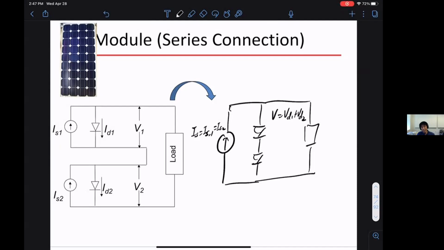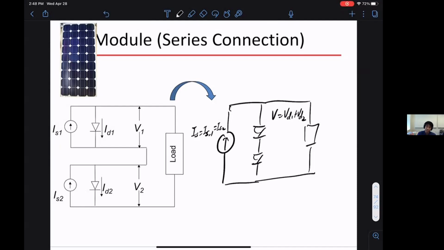Especially for a place like Seattle, where the angle of the sun changes quite dramatically between different seasons. There are some fancy things you can do in the circuit to make the situation better, but this is outside the scope of this class.